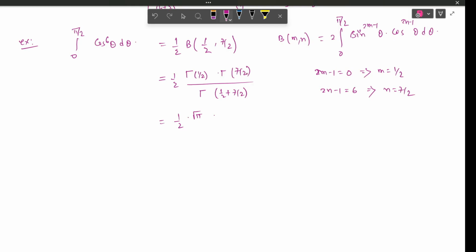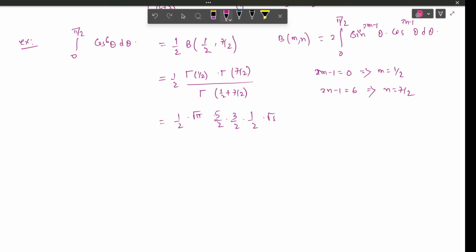We can write gamma of 7 by 2 as 5 by 2 into gamma of 5 by 2. Gamma of 5 by 2 is 3 by 2 into gamma of 3 by 2, and 3 by 2 is half plus 1. So half would be outside, and this is gamma of half plus 1, that is half gamma of half.